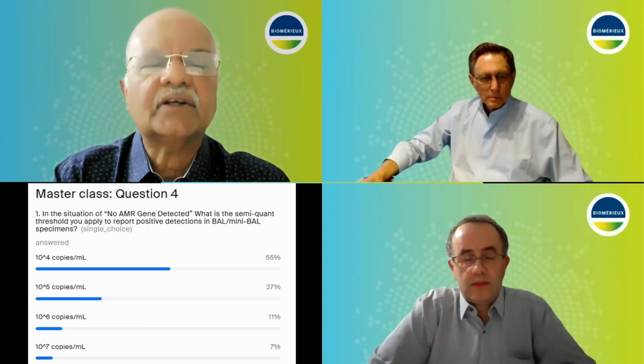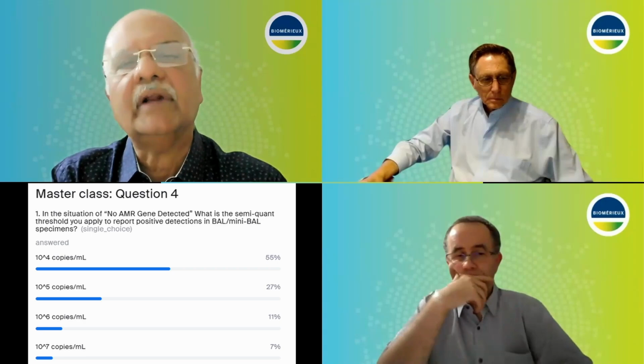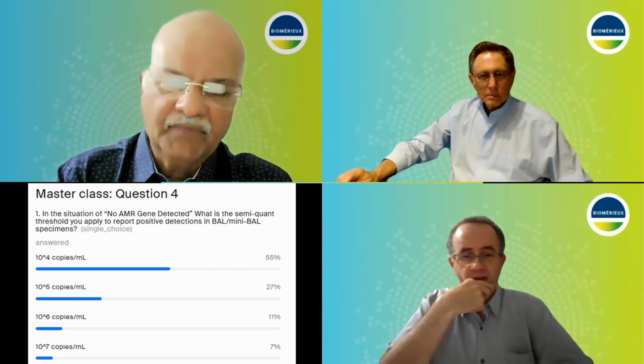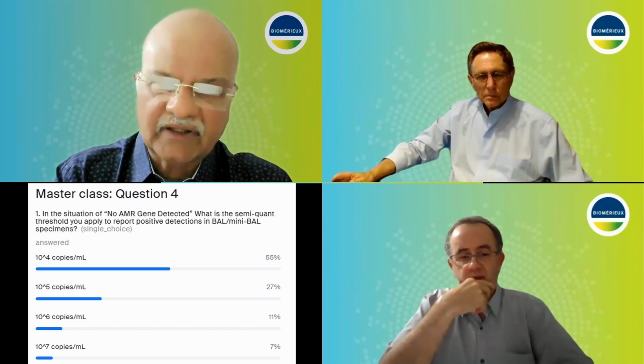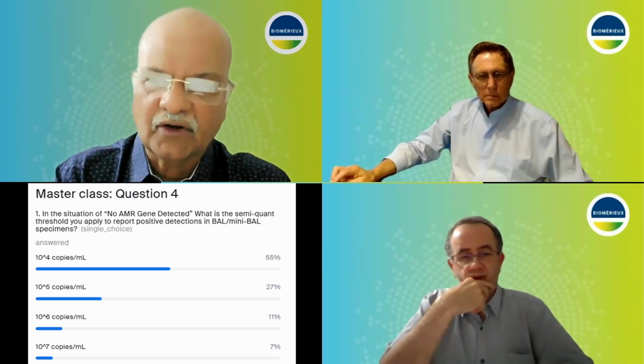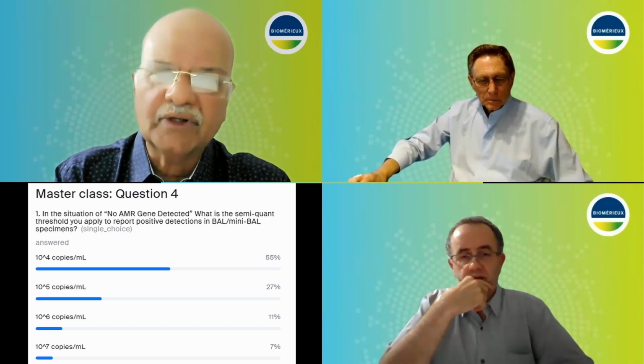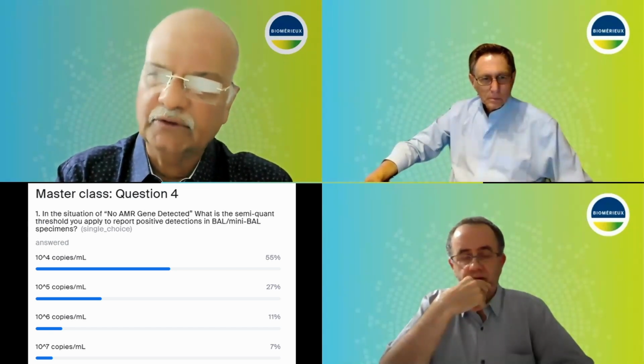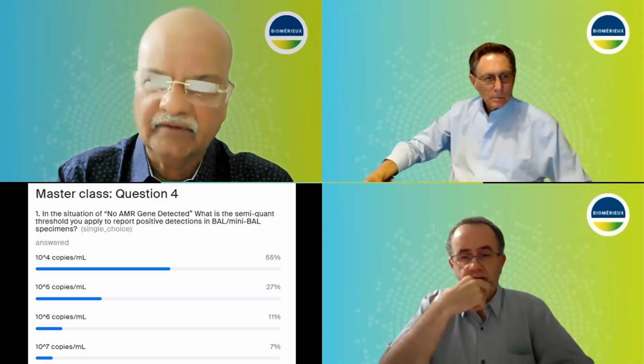So these might be considered thresholds, but the bottom line again is, even if you have these thresholds, making a judgment whether that is just a colonizer or a true pathogen is not so easy. Remember that these will have a good negative predictive value and not a very good positive predictive value.